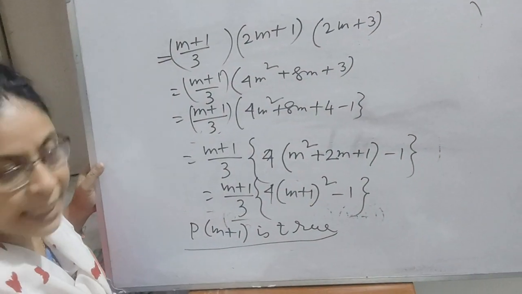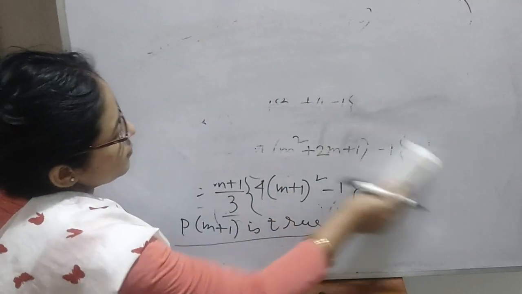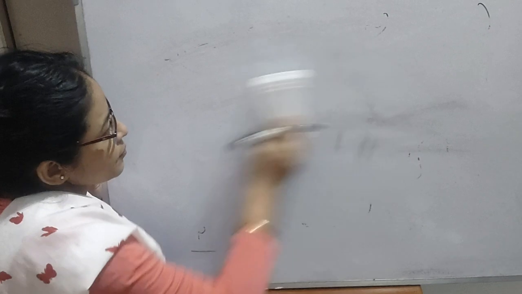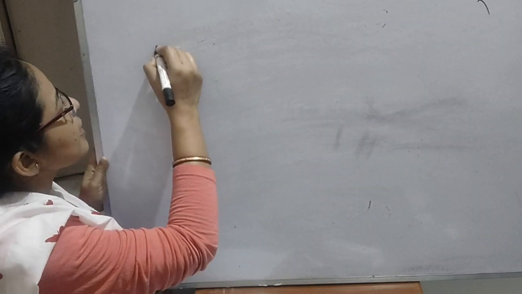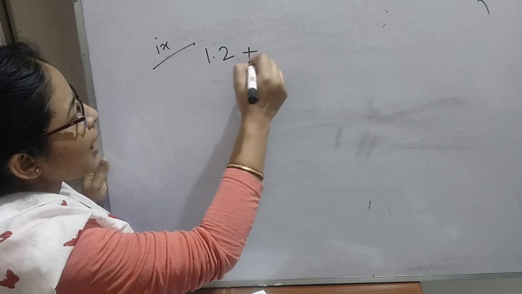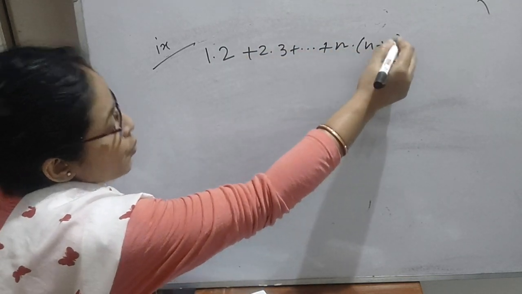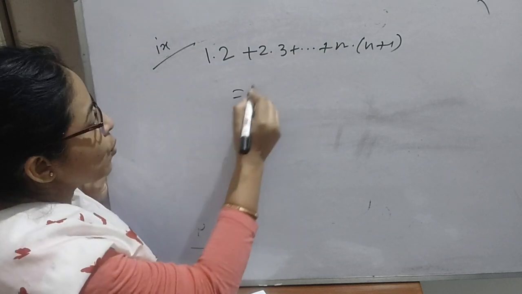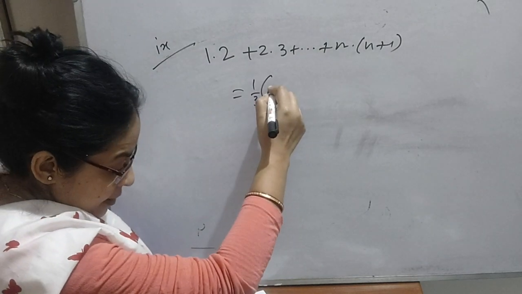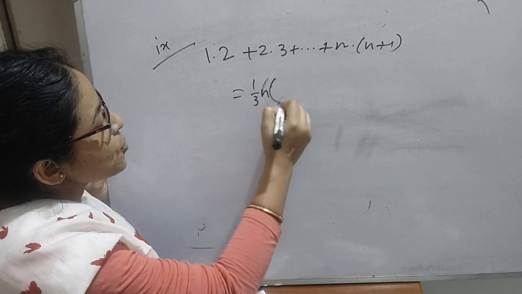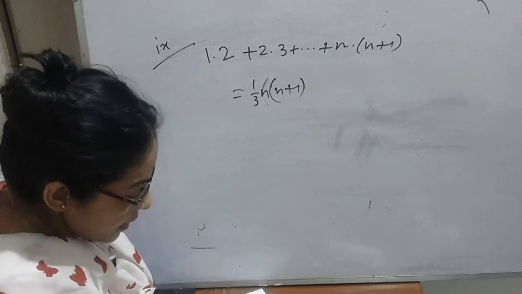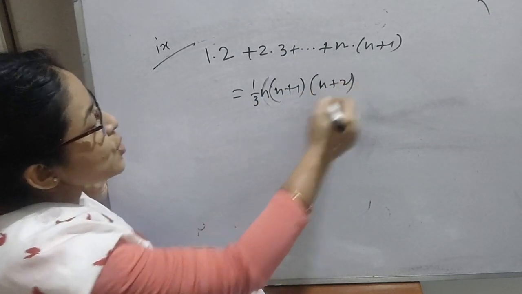Now I am going to the next sum. This sum is sum number 9 under 1: 1 into 2 plus 2 into 3 plus dash dash dash plus n into (n plus 1), this equal to 1/3 n into (n plus 1) into (n plus 2).